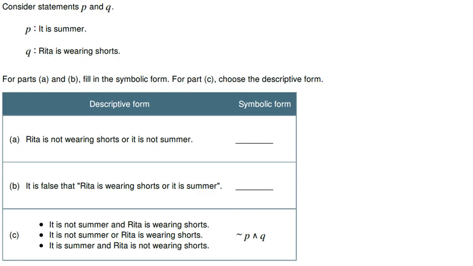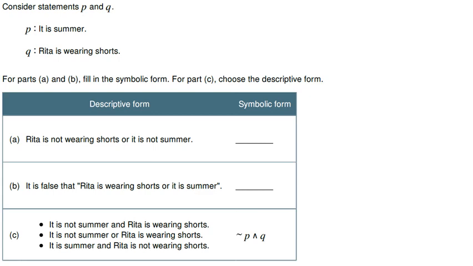Again, similar problem. Once again, I'm not repeating myself anymore, but you should be pausing the video and working the problems out, then playing the video. All right? So we have, once again, two simple statements represented by P and Q. For A, we want to convert the descriptive form to the symbolic form.